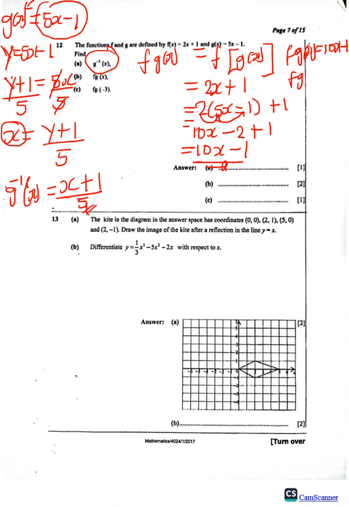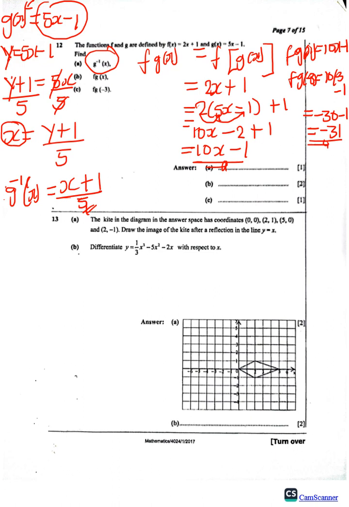So f of g of negative 3 means that where there is x, we put negative 3. So 10 times negative 3 is negative 30 minus 1. So our final answer is negative 31. Okay, so now we can move on to the next question.